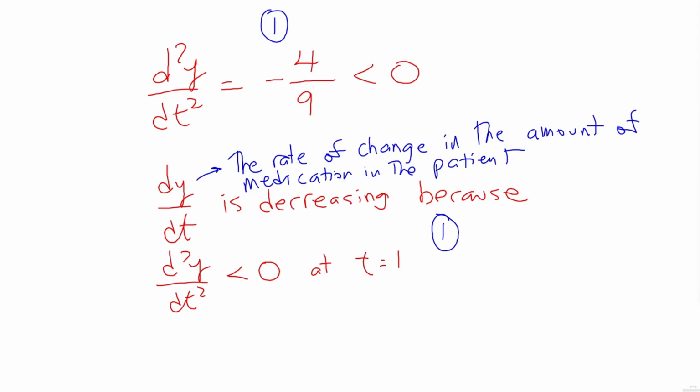And so we'd say, because the second derivative is negative at t equals 1. And that would give us our last 3 points there for this differential equation FRQ from 2021, problem number 6. And that is it for this problem.